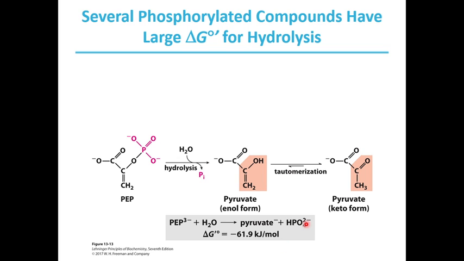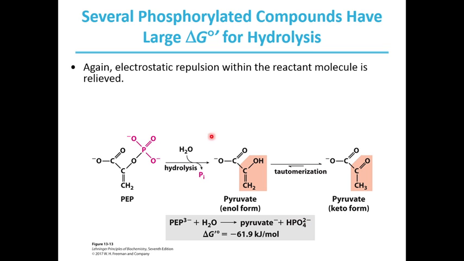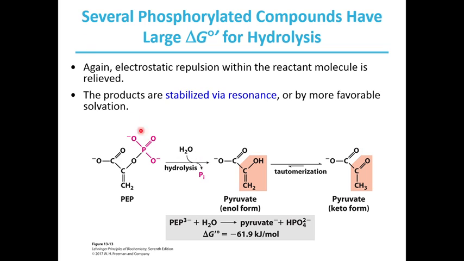And why is this? It is again because of electrostatic repulsion within the reactant molecule that gets relieved as a result of hydrolysis. The product, phosphate, is stabilized via resonance and gets solvated much more than the reactant.